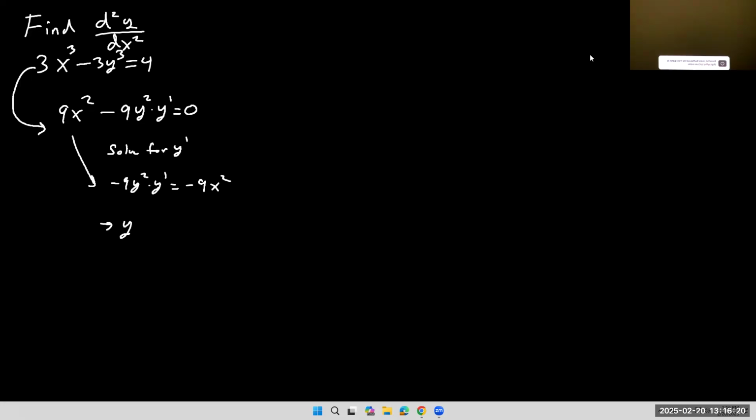And then that will tell us that y prime is negative 9x squared over negative 9y squared. It looks like we'll have some cancellation to do. So those become positive, the 9s will cancel, and I will be left with y prime equals x squared over y squared.